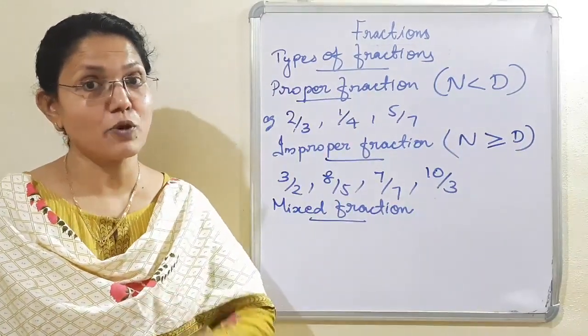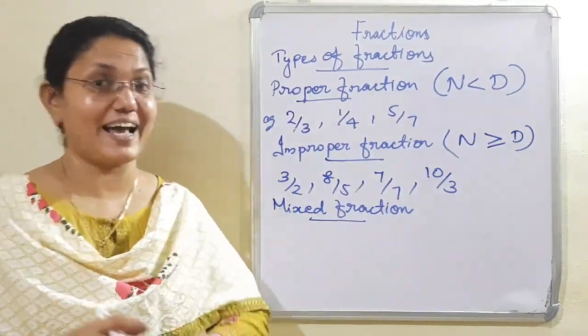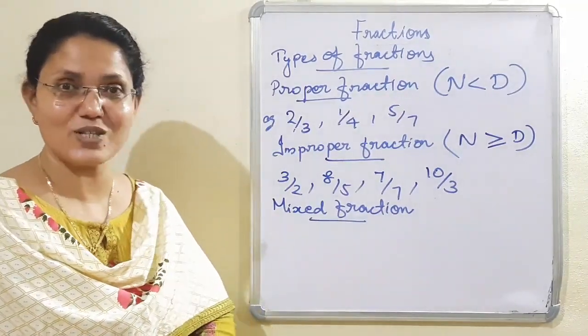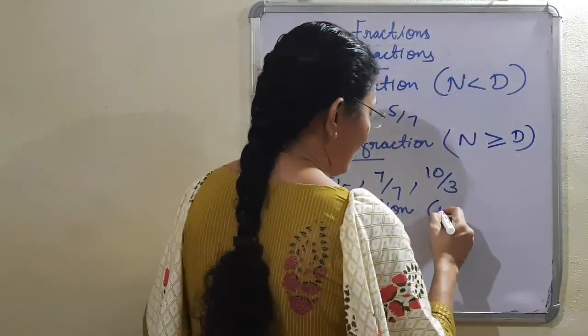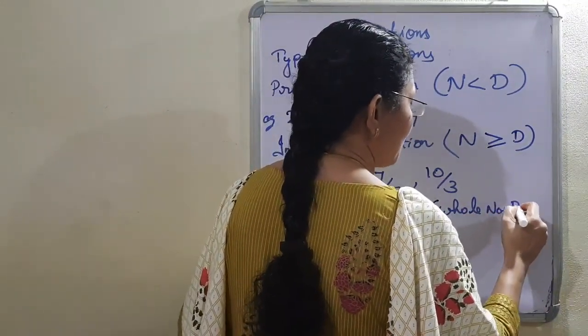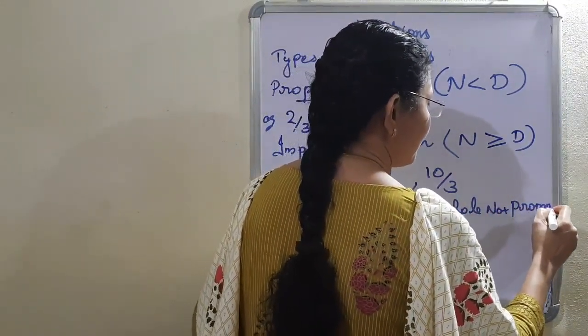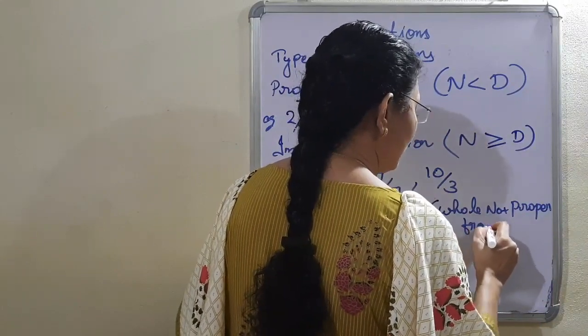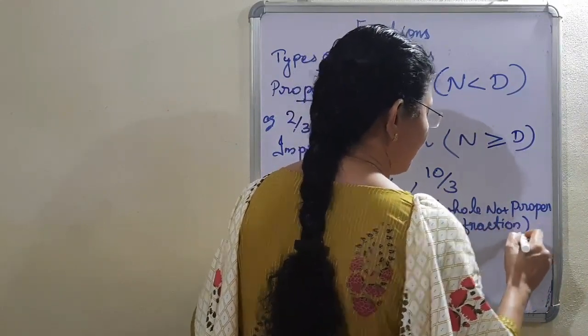The fraction is proper fraction. A whole number and a fraction is known as what? Mixed fraction. Whole number plus proper fraction. Both these together make a mixed fraction.